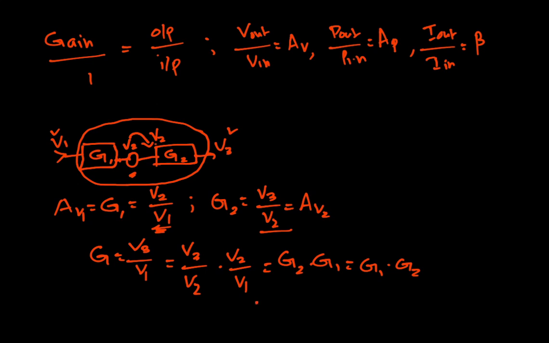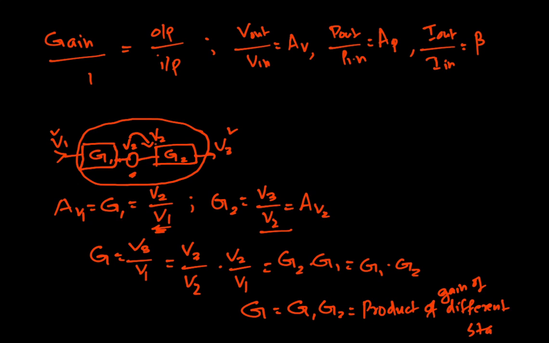So the total gain of a multi-stage amplifier is equal to G1 into G2, that is the product of the individual gains, or the product of the gains of different stages.